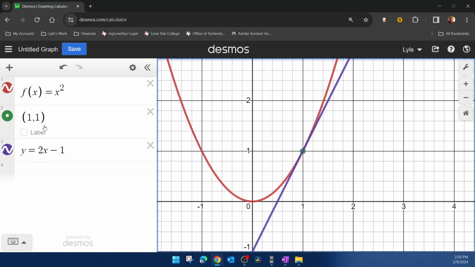I have plotted the point where we wanted the tangent line to touch the curve, and we can see that our equation of the tangent line does indeed do what it's supposed to. It is tangent. It does touch the curve at only the point 1, 1. Desmos is an awesome tool for verifying your handwritten work.